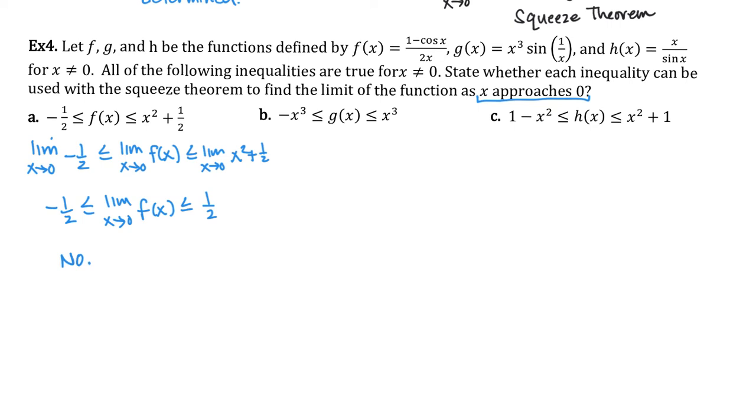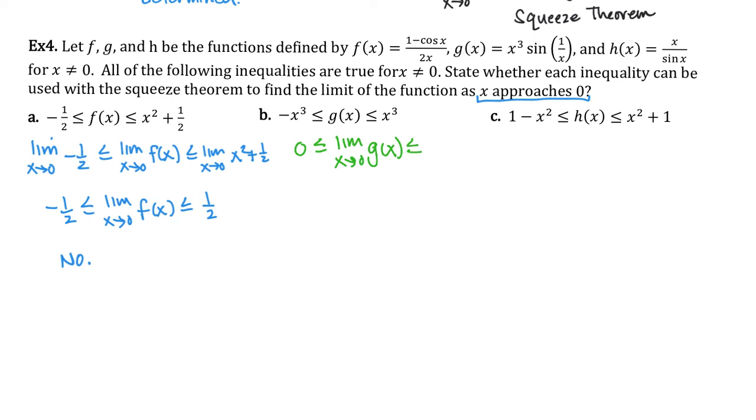Let's go ahead and try the next one. If I want the limit as x approaches 0 of this, it should be less than or equal to the limit as x approaches 0 of this. So let me go ahead and do direct substitution. The limit as x approaches 0 of negative x to the third is negative 0, which is 0, which should be less than or equal to the limit as x approaches 0 of x to the third.